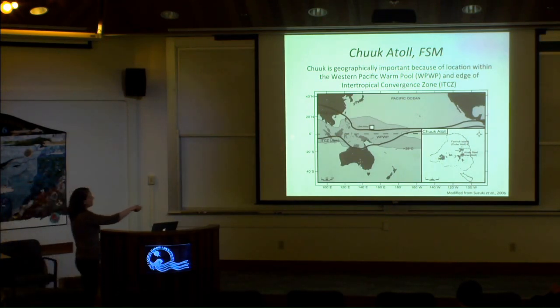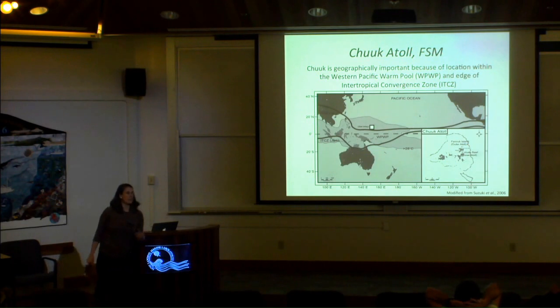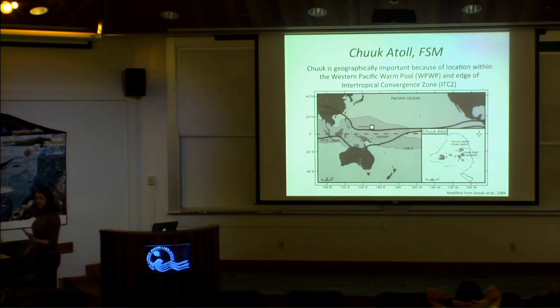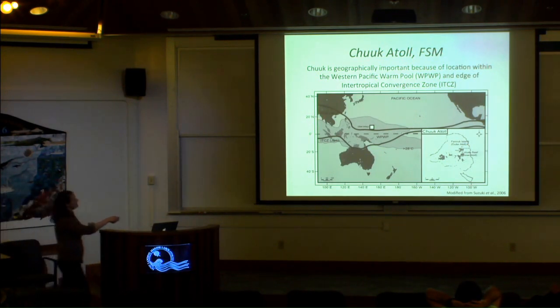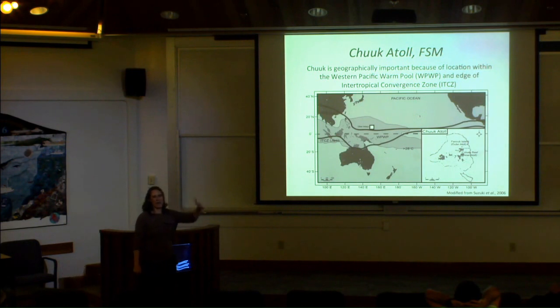So in the wintertime, the ITCZ is in the southern hemisphere, and Chuuk actually has very windy, dry conditions. And then in the summertime, the ITCZ is pretty much right on top of Chuuk, and that's their rainy, wet season. Not very windy, but lots of rain.